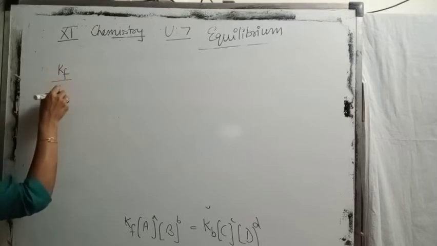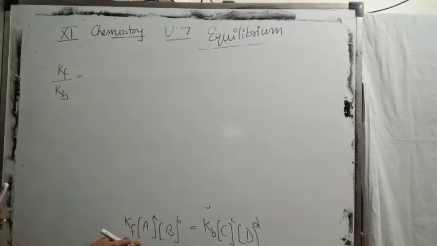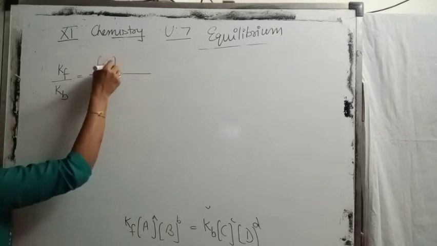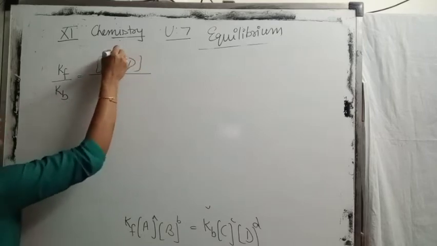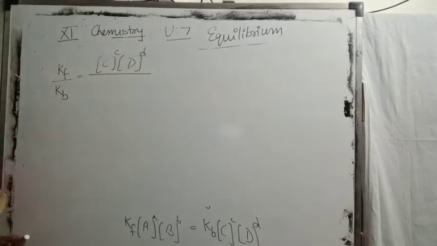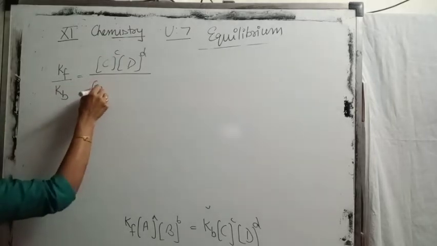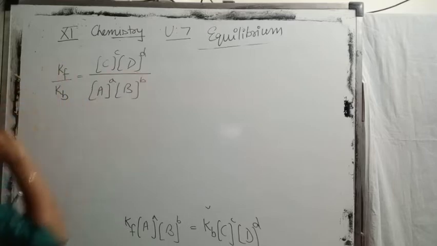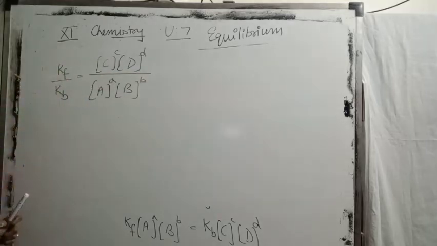So from here I can write Kf divided by Kb equals molar concentration of C into D raised to the power their coefficients divided by molar concentration of A and B raised to the power their coefficients.